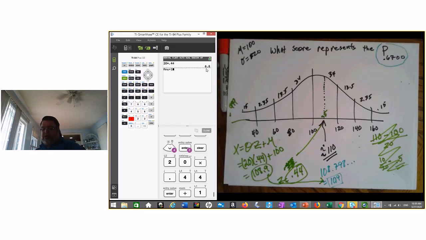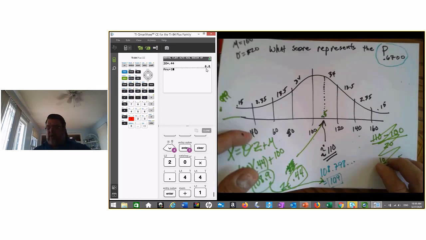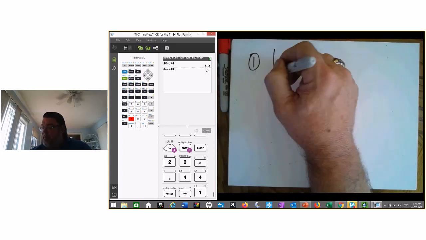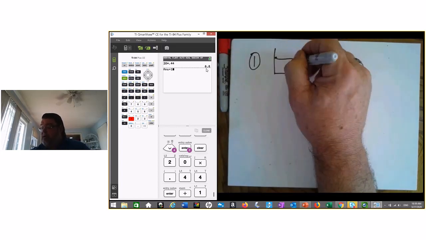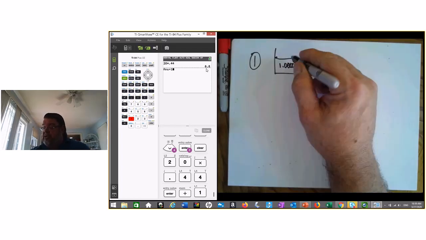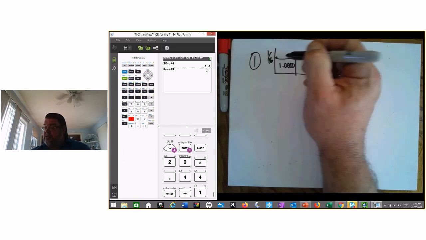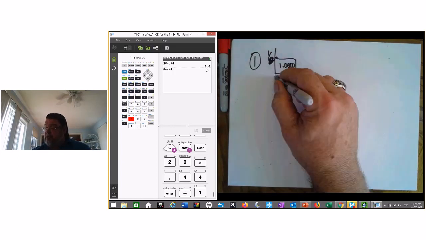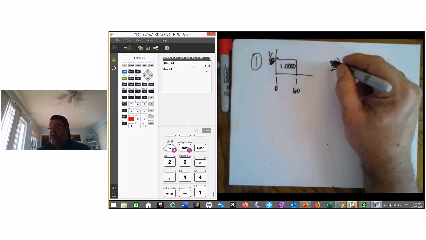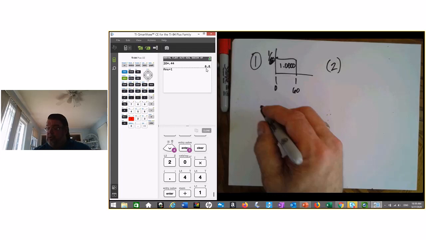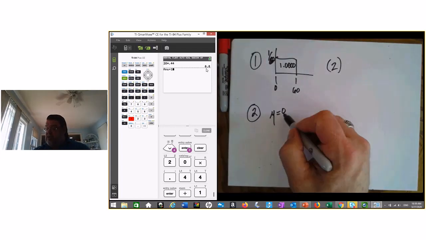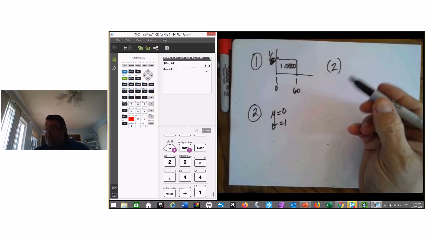The 5 types of questions you're going to have. Uniform: probably talking about 2 questions, 1/60th, and this is 0 to 60. Probably going to have 2 questions. This is chapter 7.2. Mu is equal to 0, standard deviation is equal to 1. You're going to have 2 types of questions here.